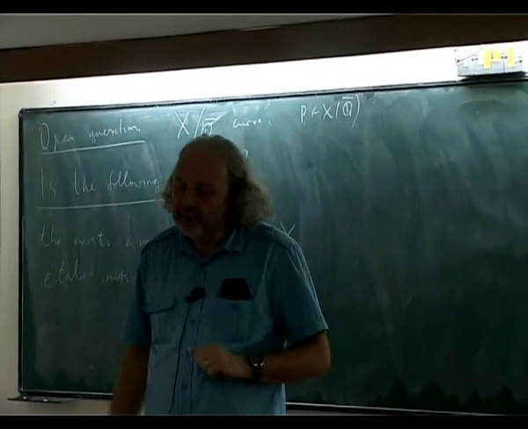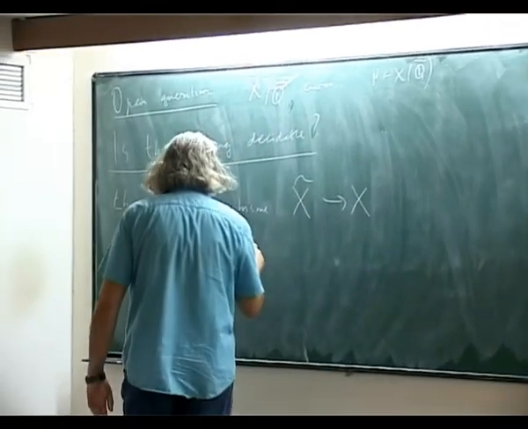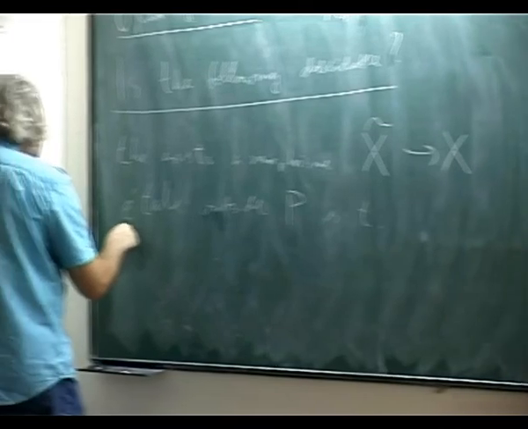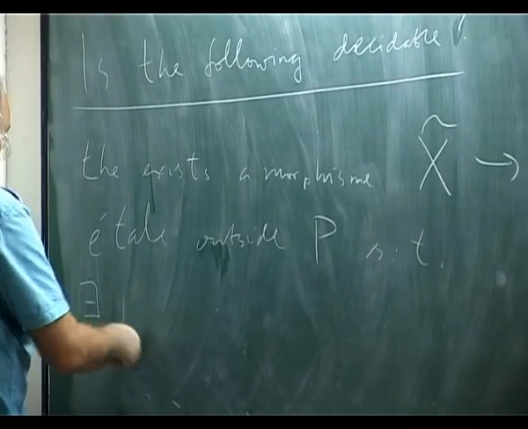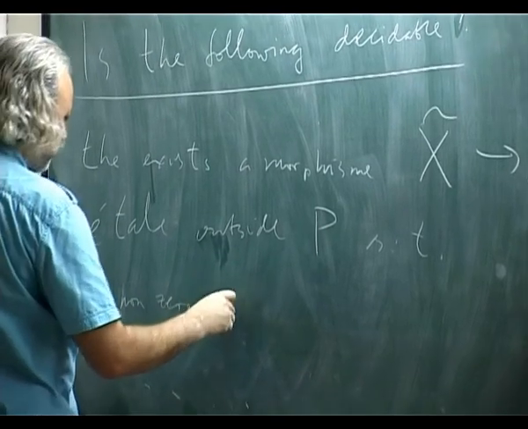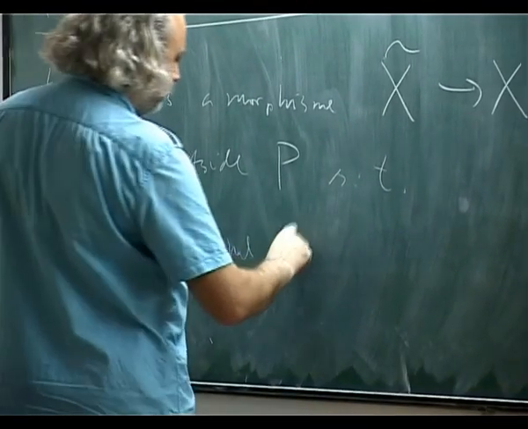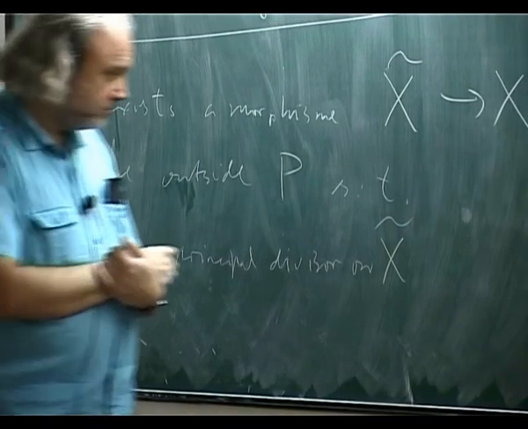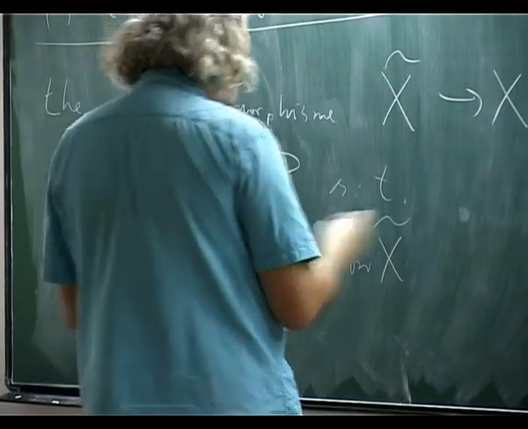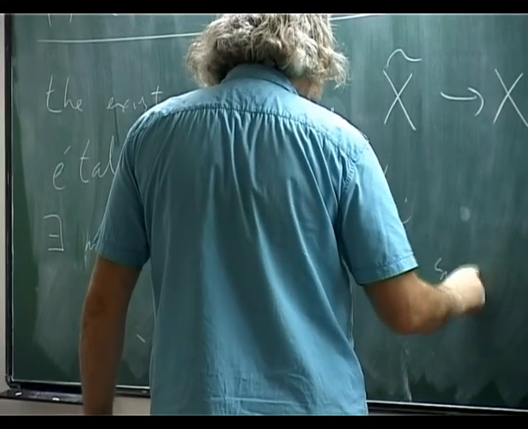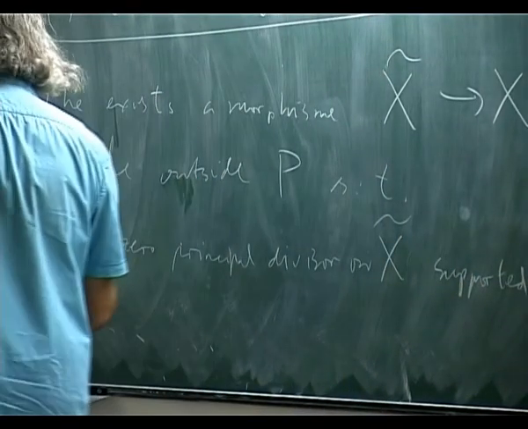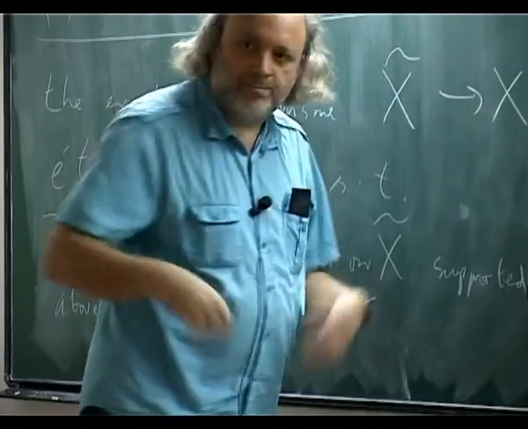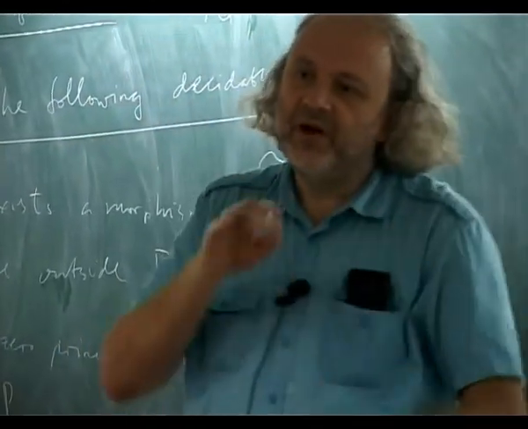Ramified everywhere, but can be ramified at P, such that there exists a principal, non-trivial, non-zero principal divisor on X tilde, supported above P. So we have here a point, here we have some points above, and we want to make a principal divisor of them.